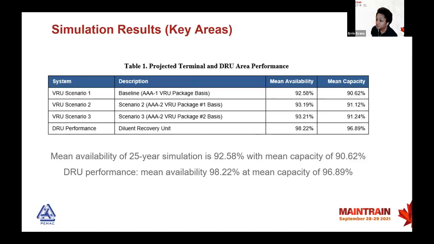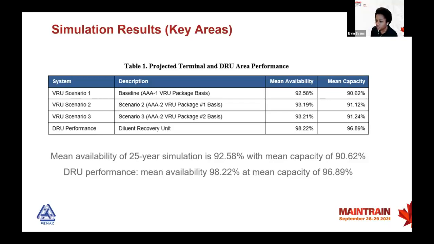Scenario 2 had 93.19% mean availability with a mean capacity of 91.12%, and then slightly higher performance came from the scenario 3 VRU package with 93.2% availability and 91.2% mean capacity.